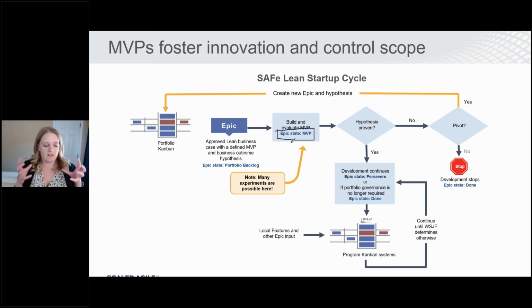We may build a very small portion of that app for an MVP, the minimum amount needed to prove or disprove our hypothesis. So perhaps we just have an app where you can purchase 10 key staple items, bread, milk, eggs, from one particular store, and we try that out and see if there's interest, if people are using that application.